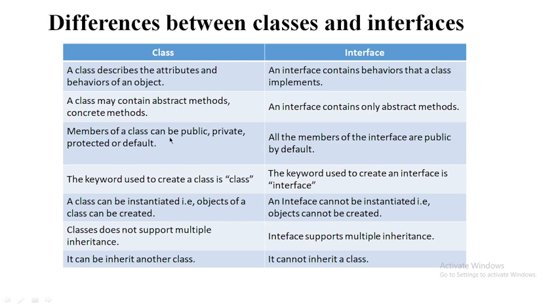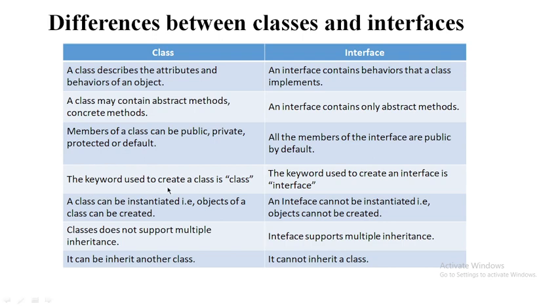The members of a class can be public, private, protected, or default, but all the members of an interface have to be public because they will be implemented in different classes. Only if the access specifier is public can it be accessed by the other classes that implement it.